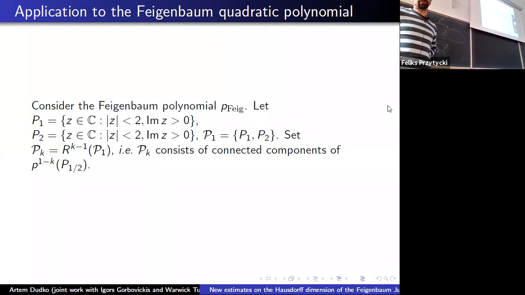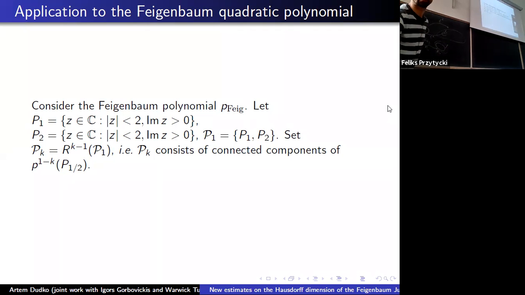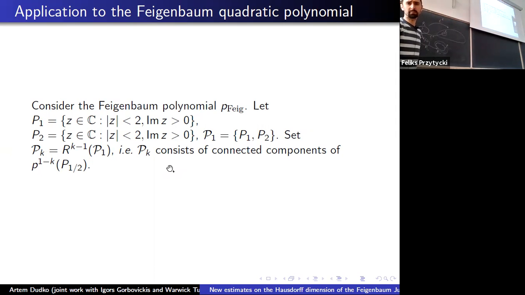We define the initial partition in a very simple way, just by taking 2 half disks of radius 2, one in the upper half plane, another in the lower half plane. So we define the refinements, which will be just connected components of preimages of this half disk under iterates of the Feigenbaum polynomial.